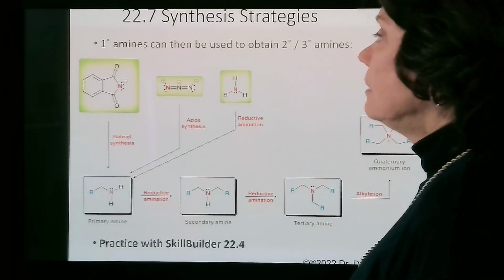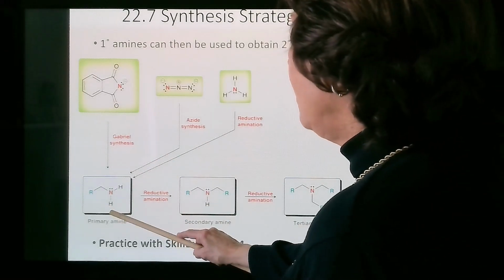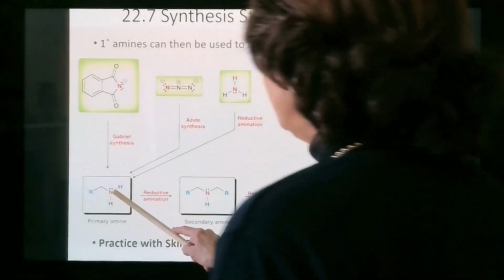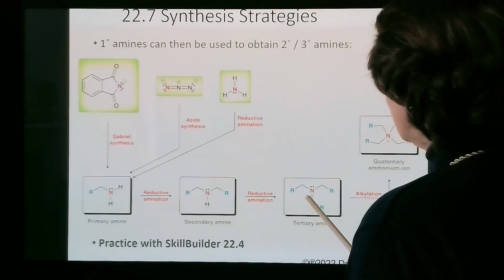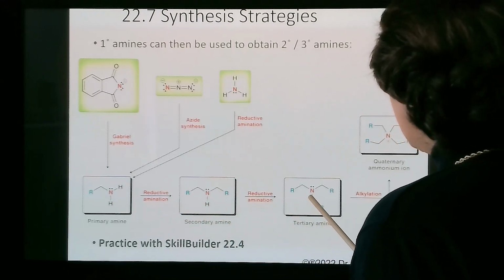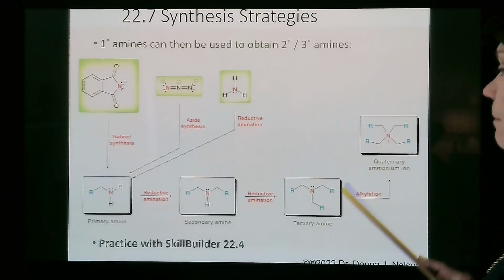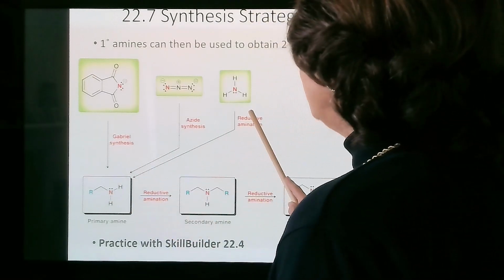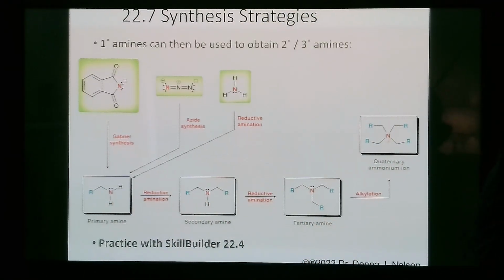So the strategies for these syntheses, you can synthesize the primary amine from any one of these 3, and then use the reductive amination to generate the secondary amine, the tertiary amine, and then you can use the alkylation to get the quaternary ammonium ion. So these 2 will generate the primary amine, the reductive amination. You can get any of these by using the reductive amination.